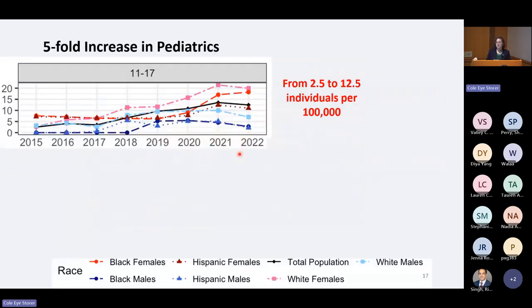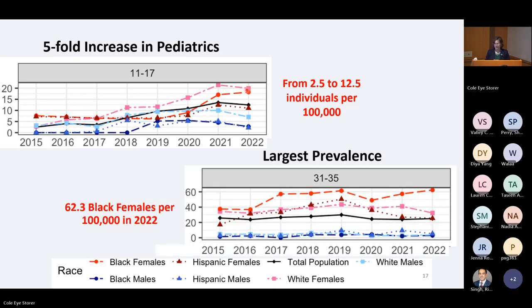And I wanted to just touch on 2 significant age groups and some findings we found that were really interesting. So we first evaluated a pediatric group between 11 and 17 years of age, and we found a potential 5-fold increase in patients by 2022. And again, we see that the white and Black females appear to be most impacted at this age group. We then evaluated which group had the largest prevalence overall, and that was 31 to 35-year-old.